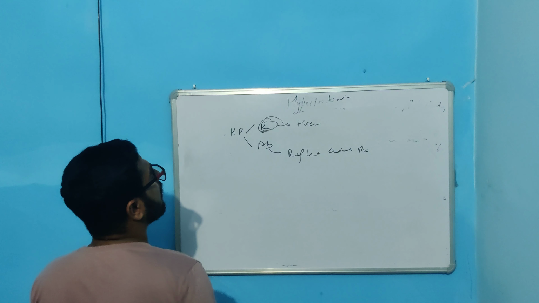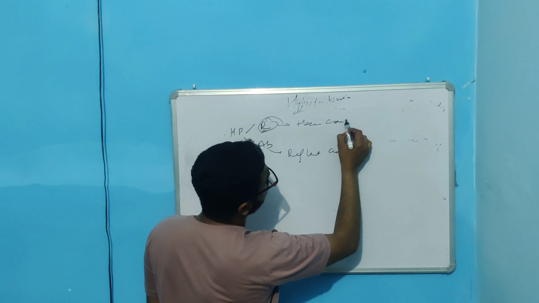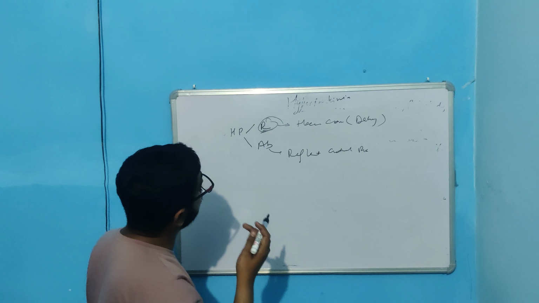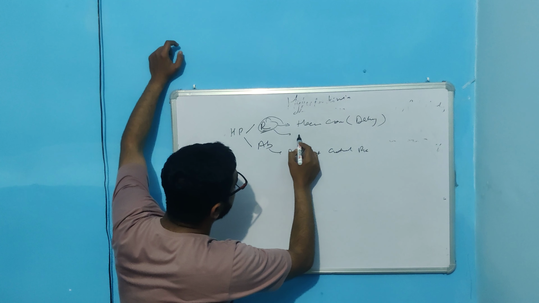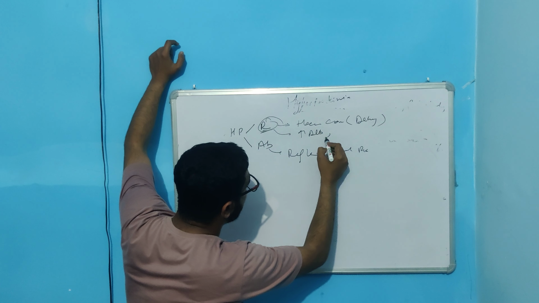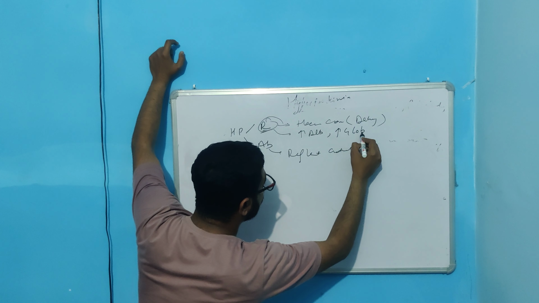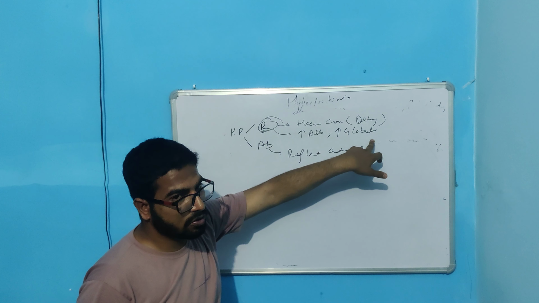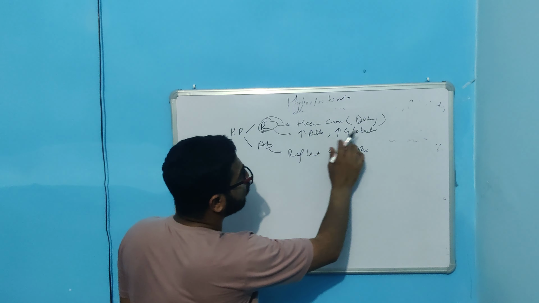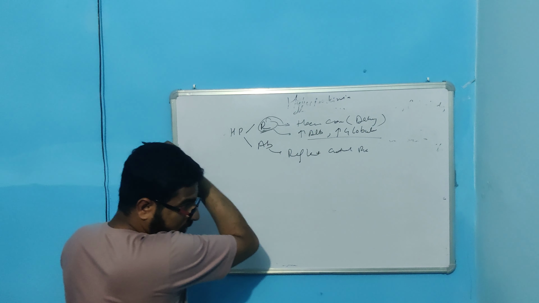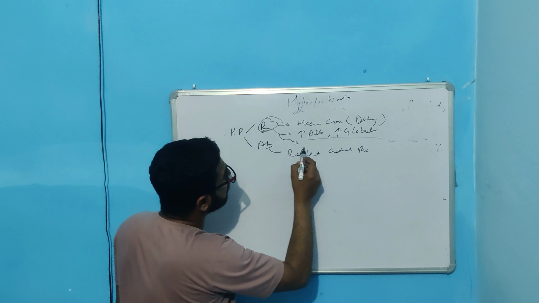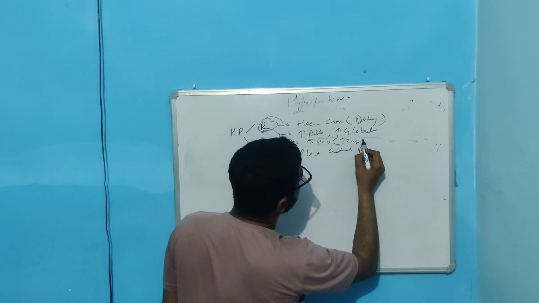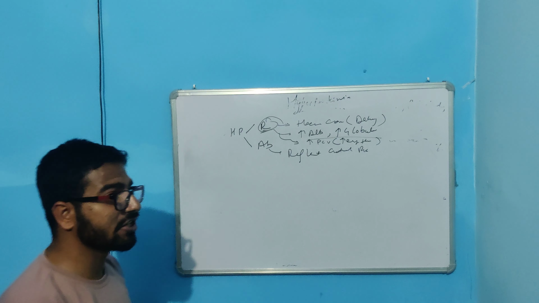Relative hyperproteinemia is seen in hemoconcentration, or we can say dehydration. In relative hyperproteinemia, you observe an increase in albumin as well as an increase in globulin in the blood report, right? You observe an increase in both parameters, and you also see an increase in PCV or erythrocytosis or RBC count, because there is dehydration.